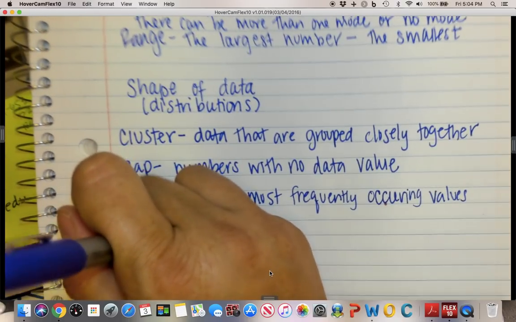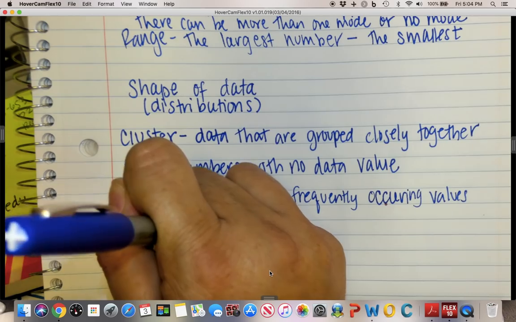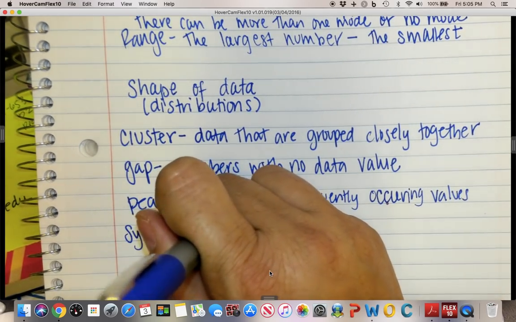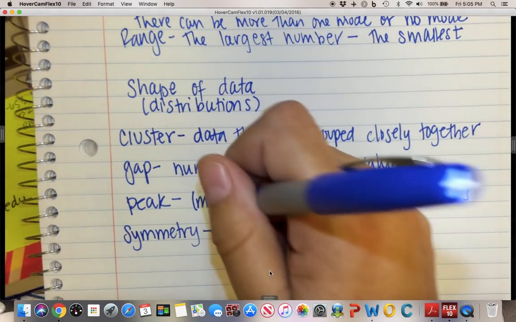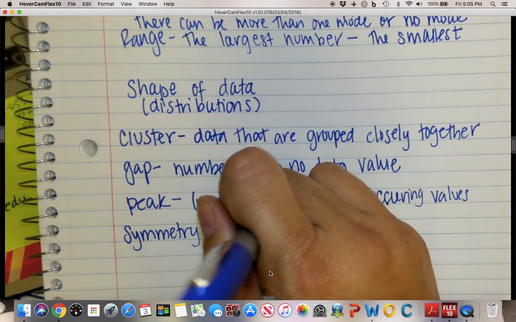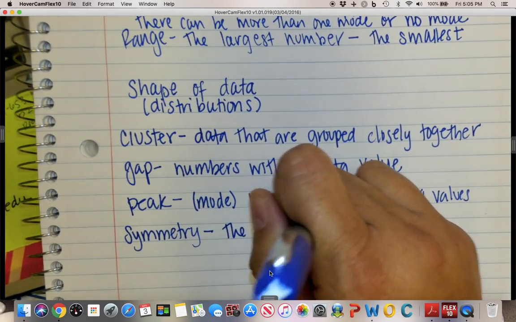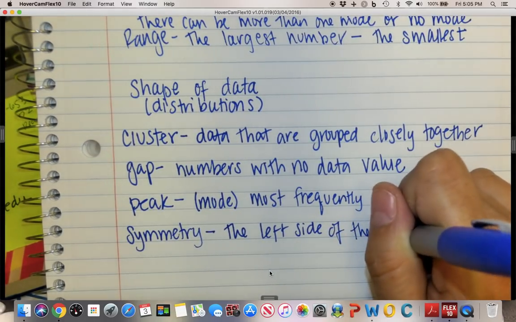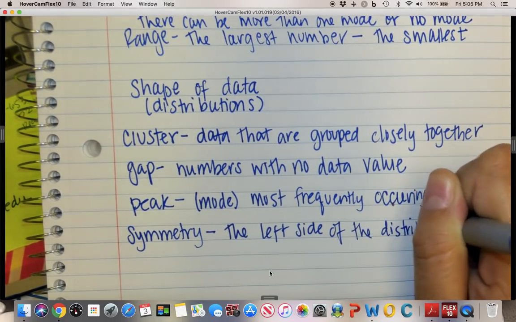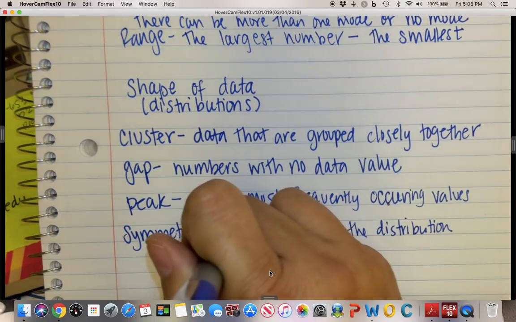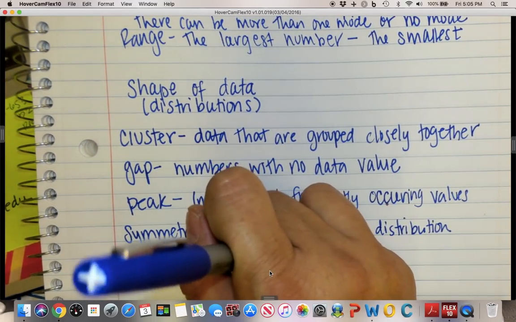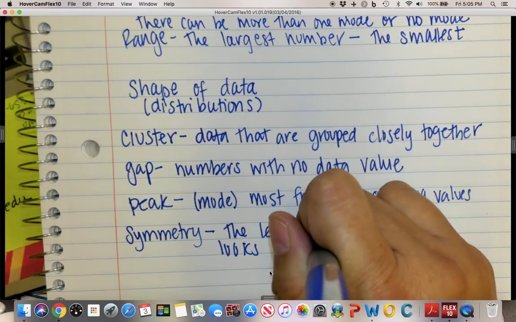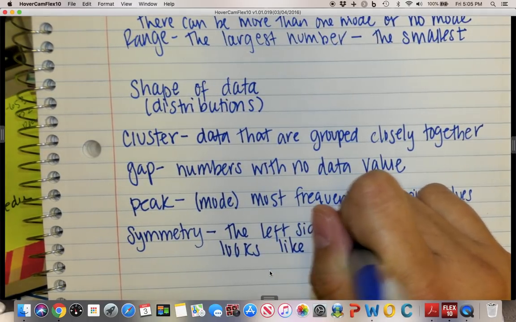And then symmetry is the left side of the distribution looks like the right side.